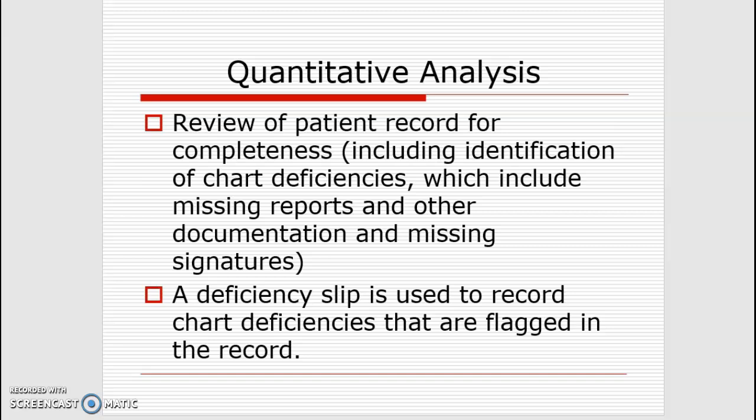So if there should be, then you're going to check saying, yes, doctor needs to complete a progress note. Or any other missing reports, missing signatures. You don't see a progress note being signed. A history and physical wasn't signed. A discharge summary wasn't signed. These are all deficiencies. This is quantitative. A deficiency slip is used to record chart deficiencies that are flagged in the record.